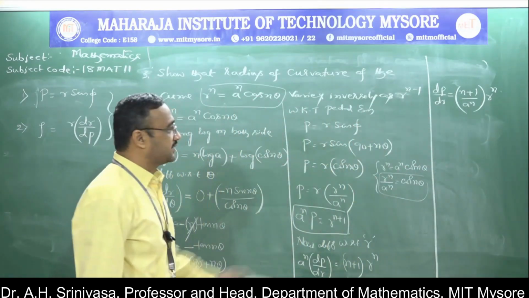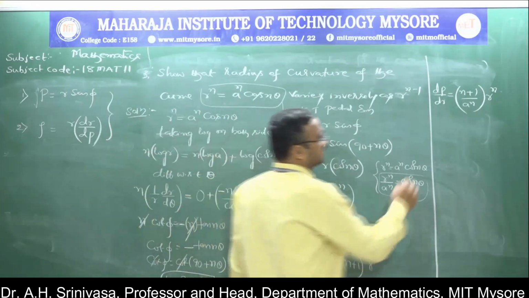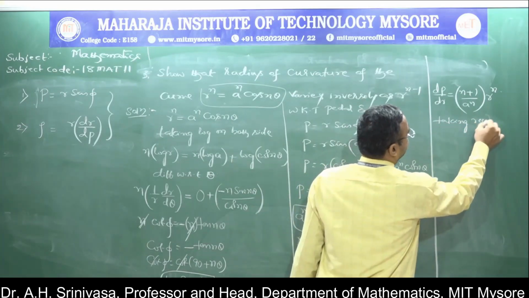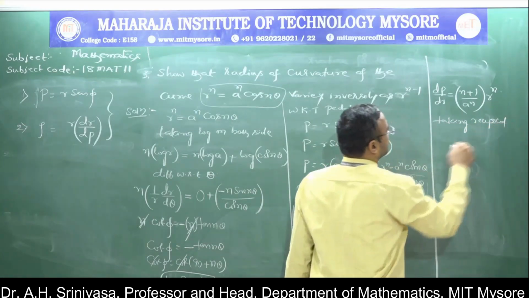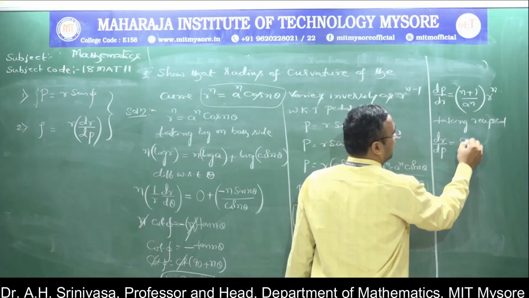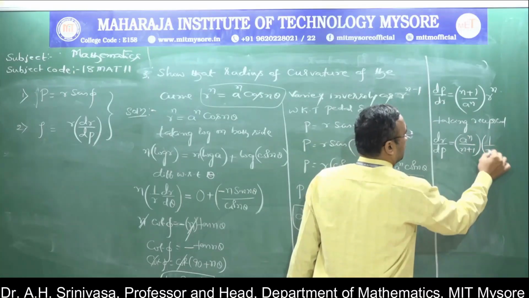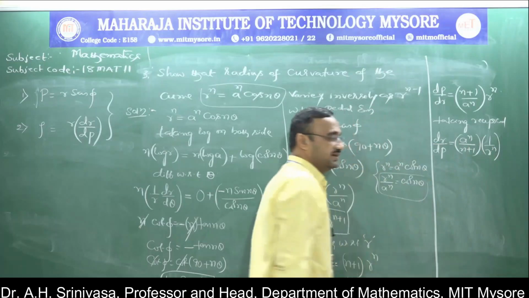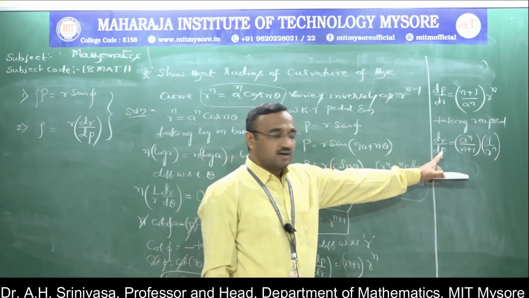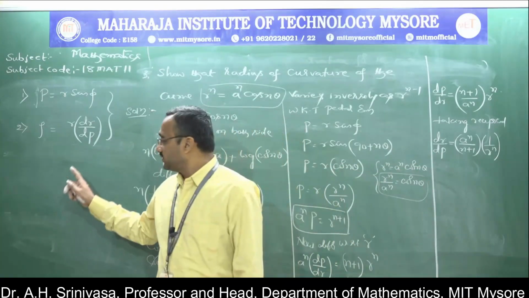Now I want dr/dp. Take the reciprocal. Taking the reciprocal of this, dr/dp becomes a^n / (n+1) times 1/r^n. If I am going to write this as rho, one of the terms will be needed.